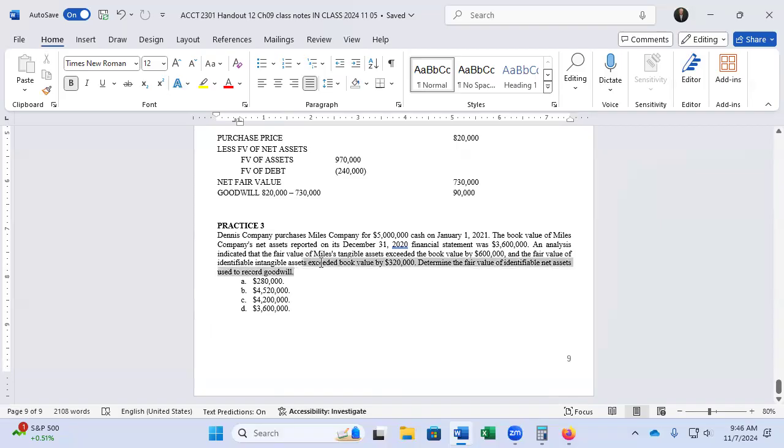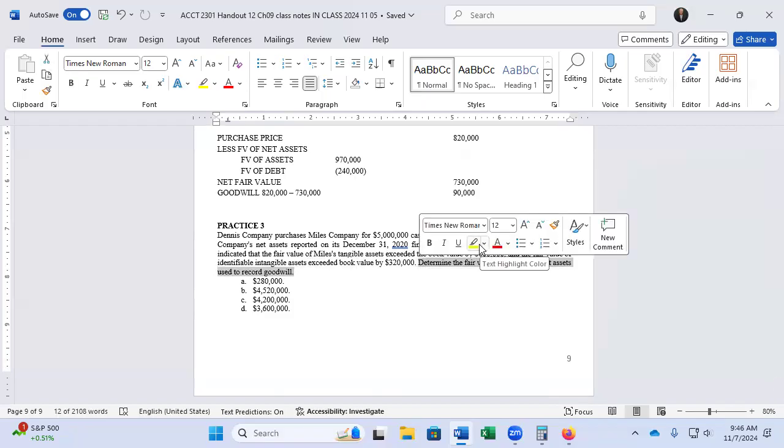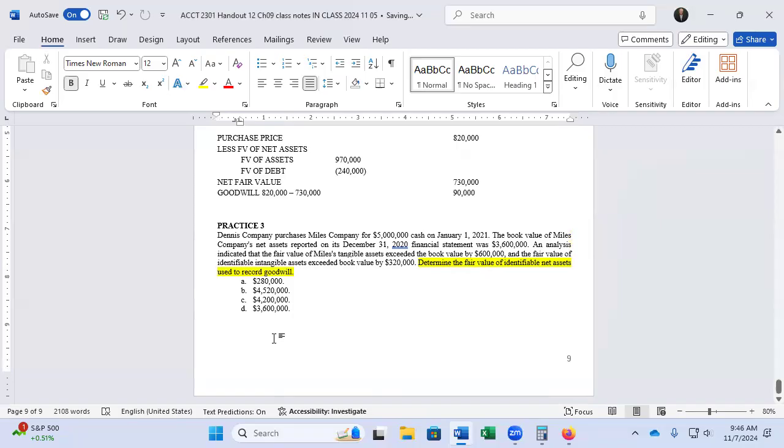Okay, so in practice question number 3, it asks, determine the fair value of the identifiable net assets. So we have to take the fair value of the assets and subtract the fair value of the liabilities, if there are any. Unfortunately, we started with book value.